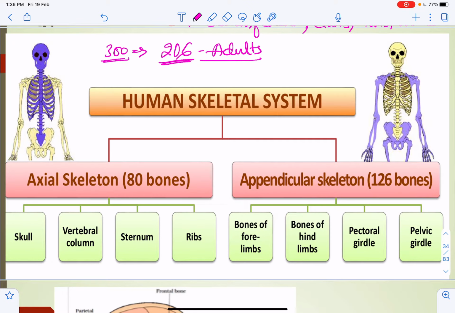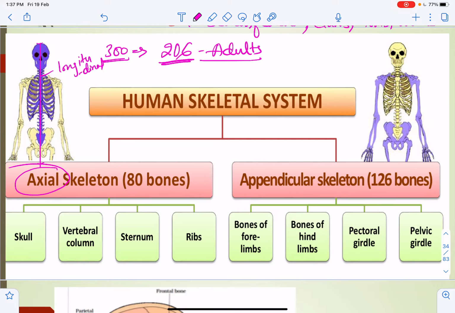Axial skeleton means the bones which are present along the axis. If you consider a longitudinal axis, all the bones present along the length are called axial bones.